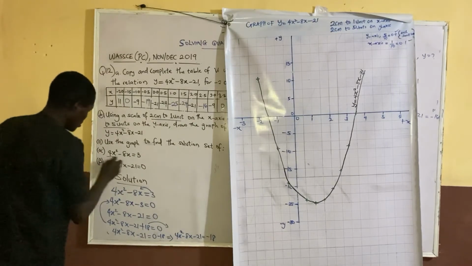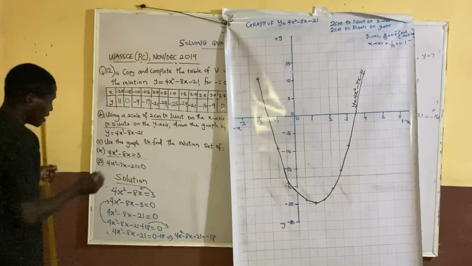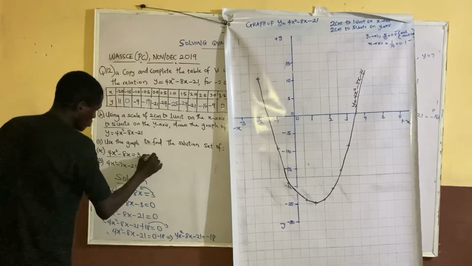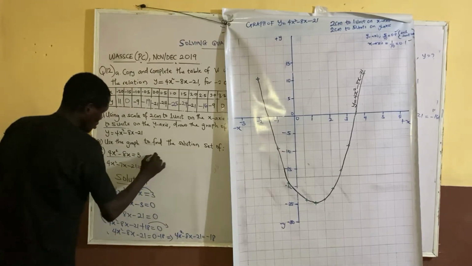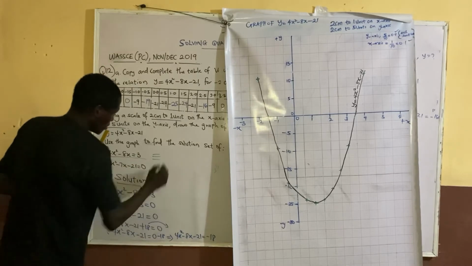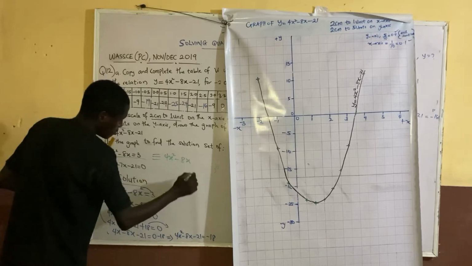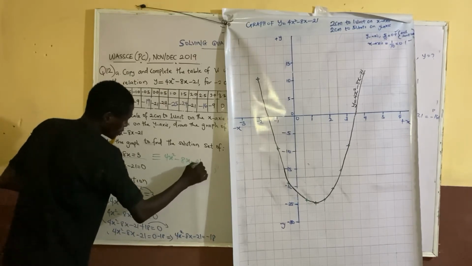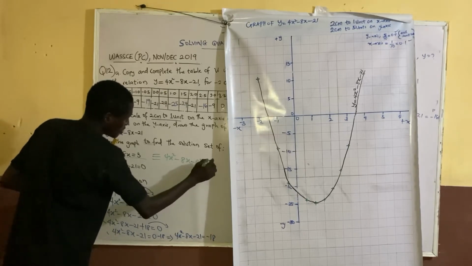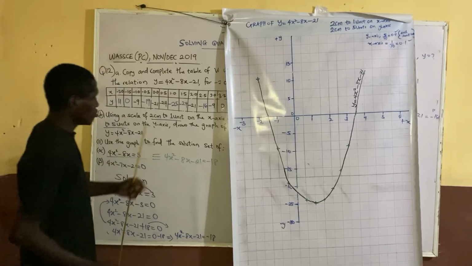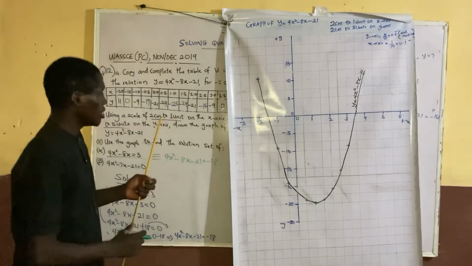So this equation is equivalent to 4x squared minus 8x minus 21 equal to minus 18. So I'm going to draw my straight line on minus 18.